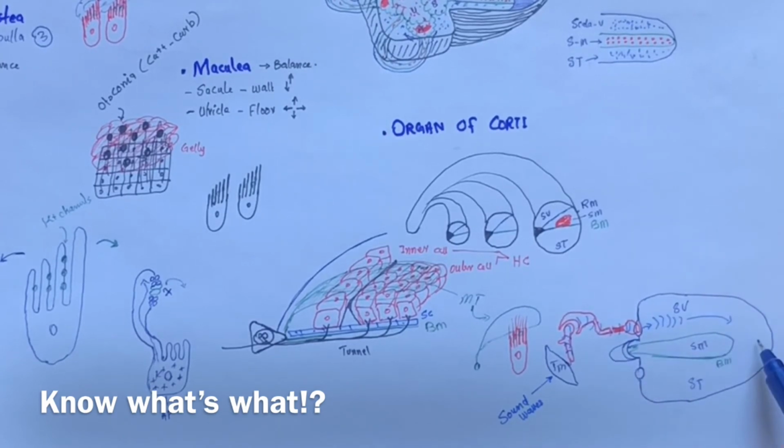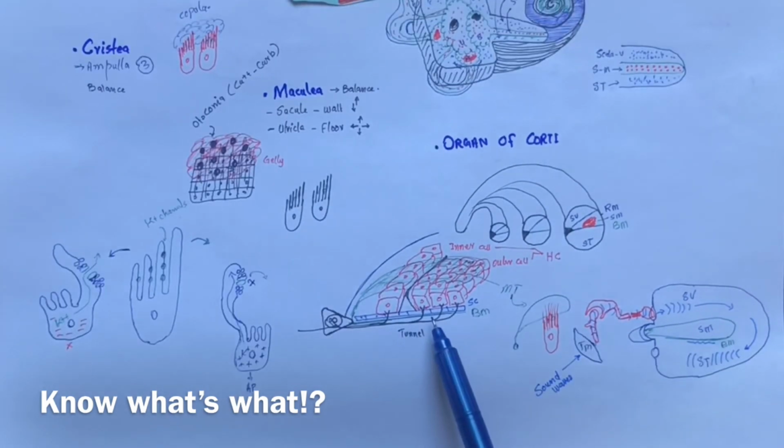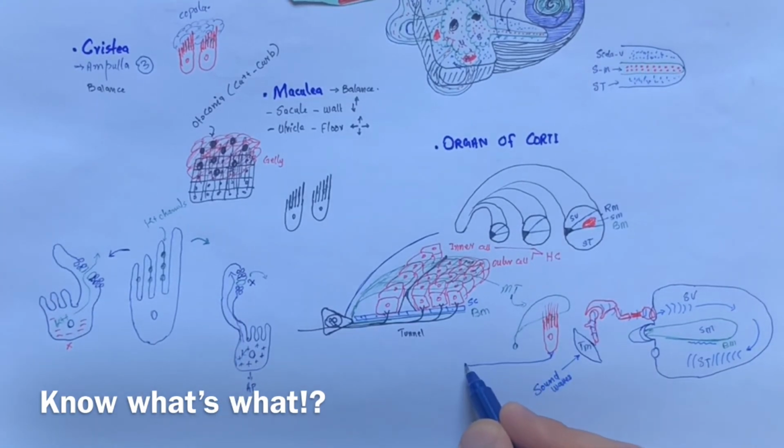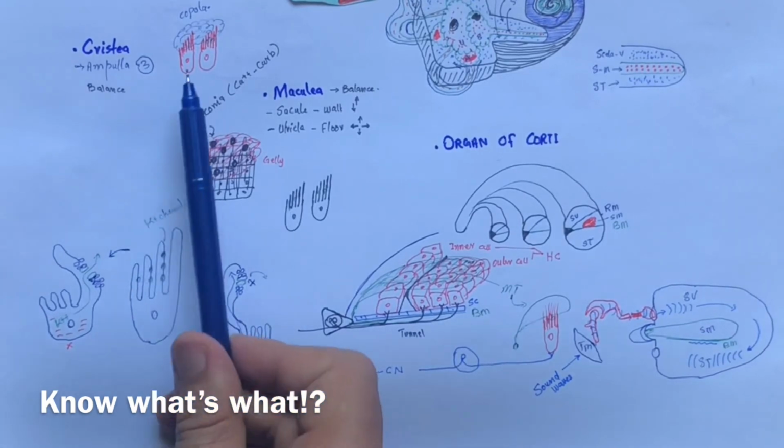From the scala vestibuli, it will transmit to the scala tympani, where it will vibrate the basilar membrane, and that will stimulate, rubbing or bending the hair-like projection against the membrana tectoria, and that's how the action potential will go through the nerves to the spiral ganglion, and then through the cochlear nerve to the CNS, meaning the brain stem or the cortex, okay?